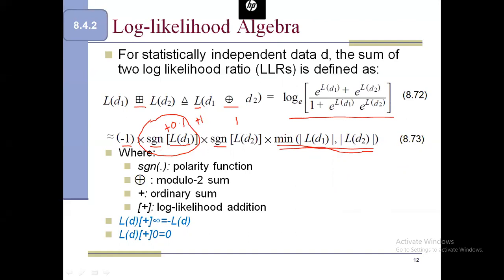So this is nothing but the sign. It is a sign, and it is also the minus 1 sign, and we have to pick the minimum of these two values with this sign. That is what this term means.